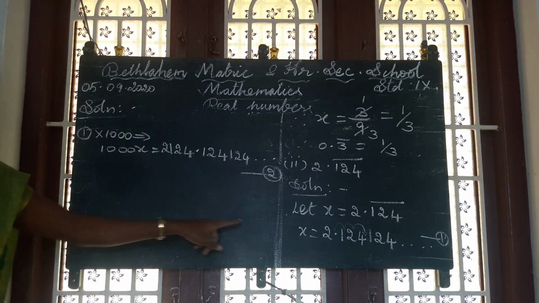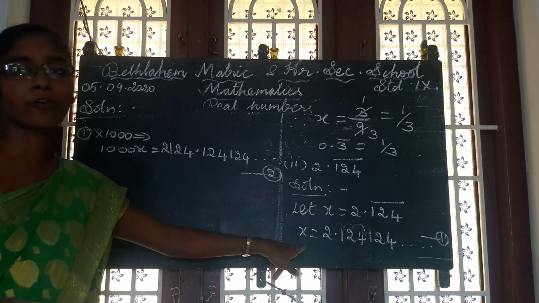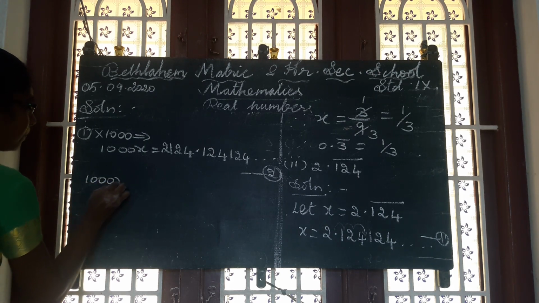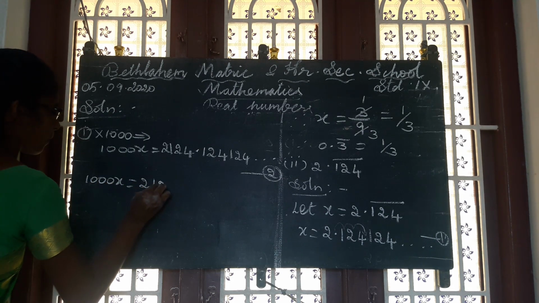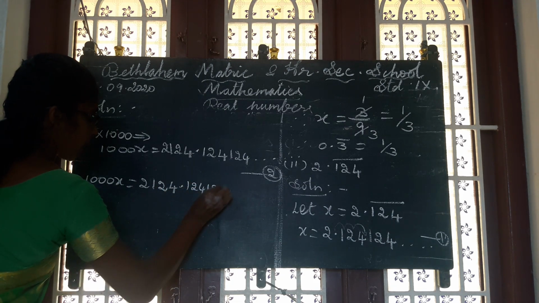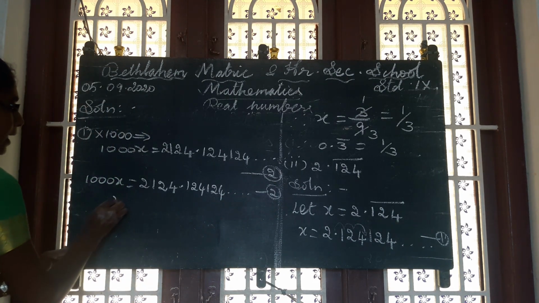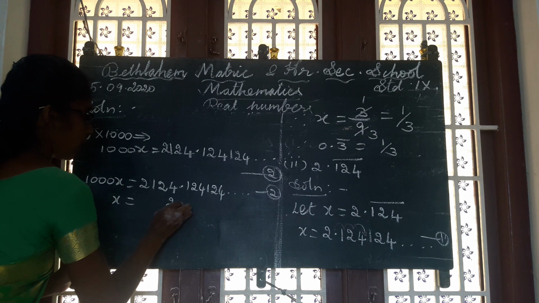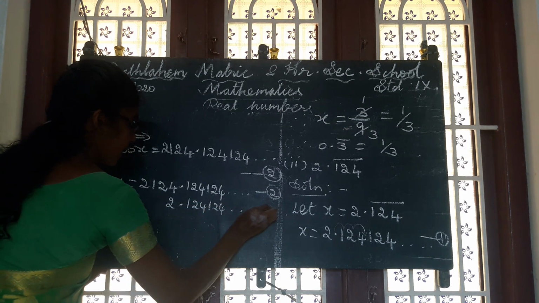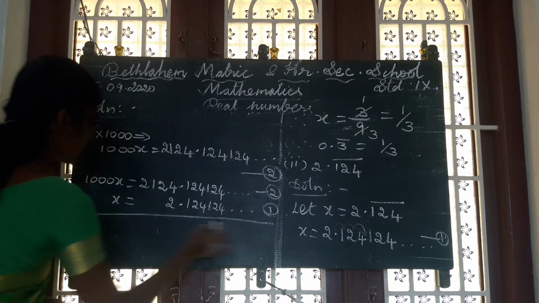Then we have to subtract equation 1 from equation 2. Next, equation 1 is x is equal to 2.124 124 etc. When we are subtracting, what will we get?